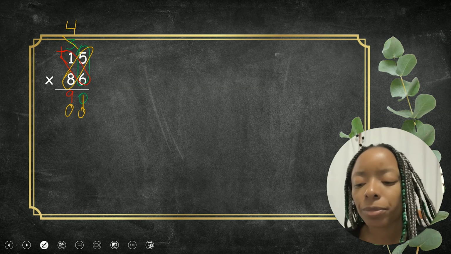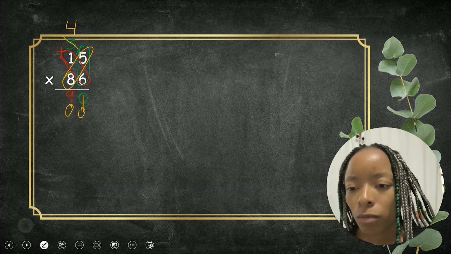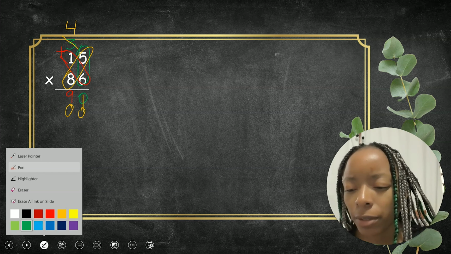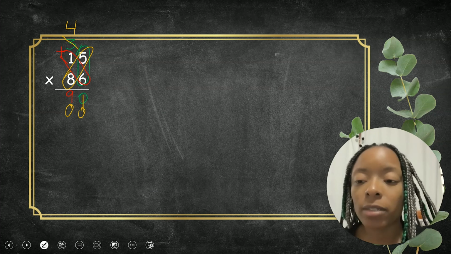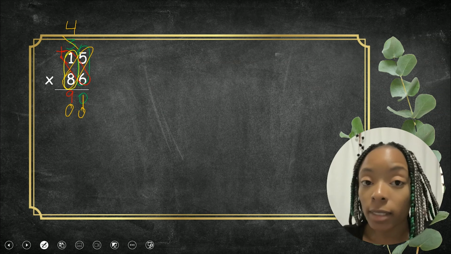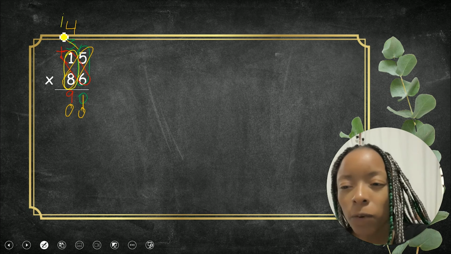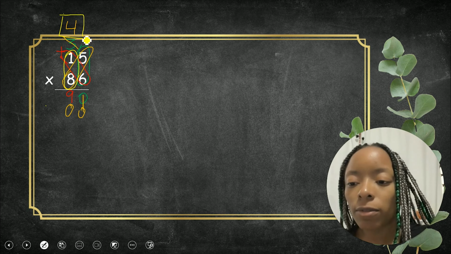Now, we're going to multiply both of our tens values. So 1 times 8 is 8 plus the 4 up here is 12.